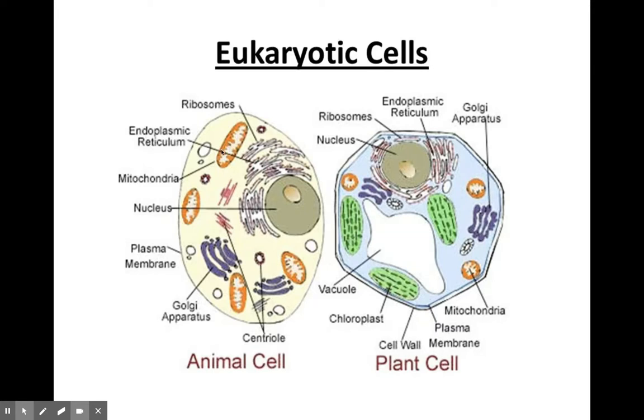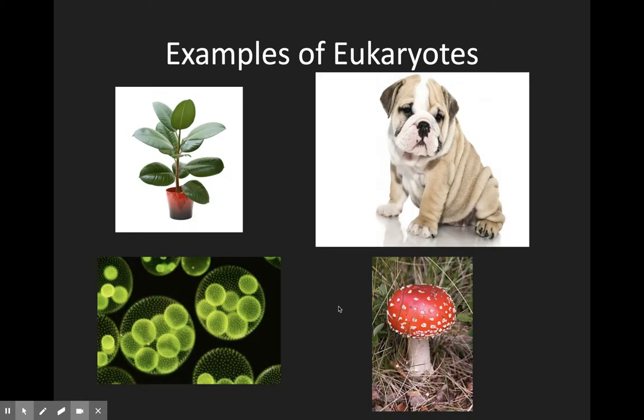But eukaryotic cells also have these membrane-bound organelles, and prokaryotic cells do not. So here are some examples. Okay, we have plants, we have animals, we have fungi, and we have protists. So each of these are made up of eukaryotic cells.